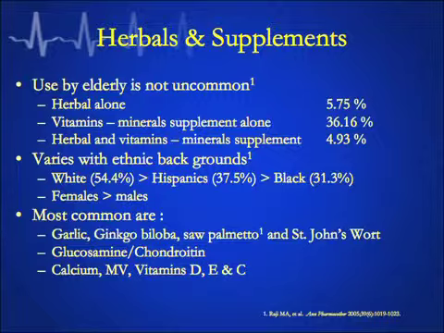These are those important supplements: garlic, ginkgo biloba, saw palmetto, and St. John's wort. Glucosamine and chondroitin sulfate for arthritis, and calcium, multivitamins, and vitamin D, E, and C. These are the medications they take usually.